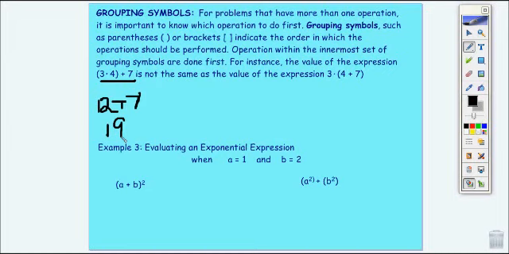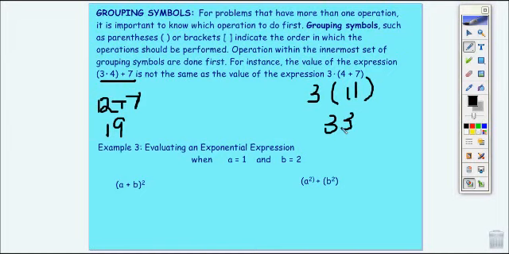I see my grouping tells me to add the 4 plus 7 first. So in our grouping symbol, 4 plus 7 equals 11. And then I'm going to multiply that by the 3. So 3 times 11 is going to give me 33. So you can see a big difference in the answers there, 19 and 33.